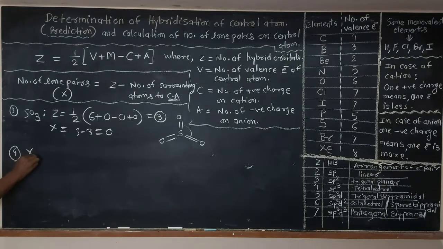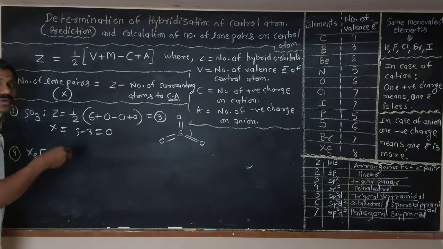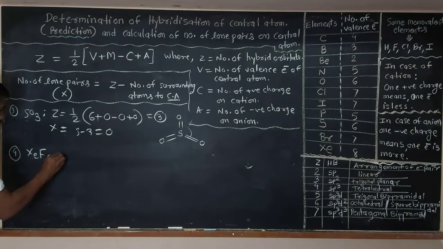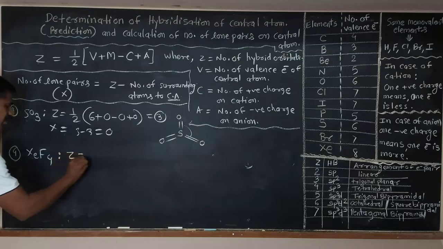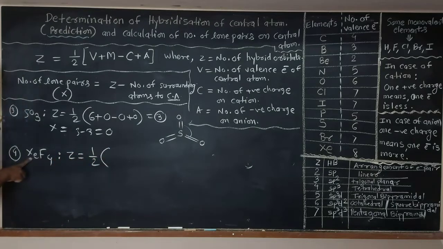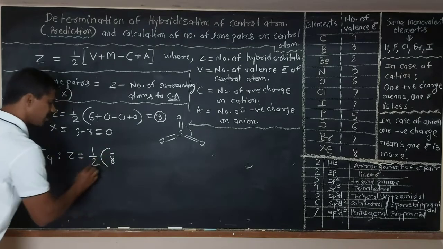The fourth example is XeF4. Xenon, though it is a noble gas, when combined with highly electronegative elements like fluorine or oxygen, loses electrons because its ionization enthalpy is very low. Xenon: Z is equal to 1/2, its number of valence electrons is 8.